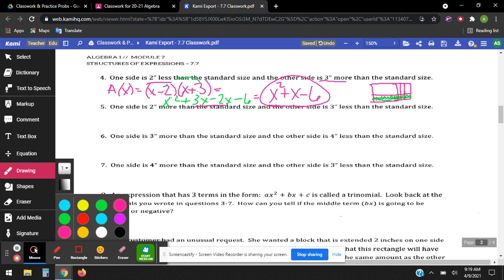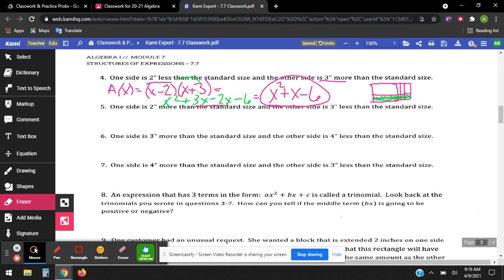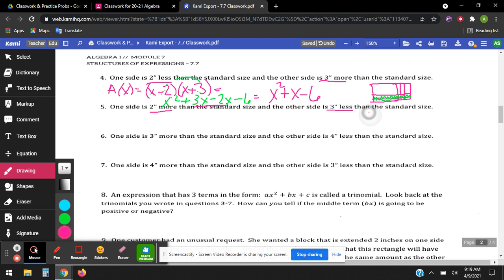So I got rid of all those on the others. Okay, let me erase this because I have to see my words. One side is 2 more, the other side is 3 less. Okay, so here I'm going to do my standard square. Here I'm going to do 2 more. I didn't quite make him square, so that's a plus 2.